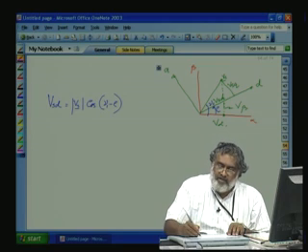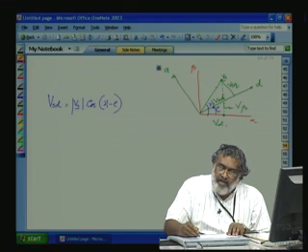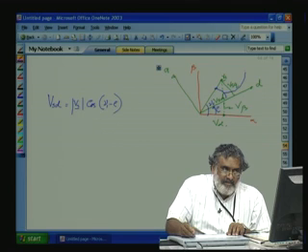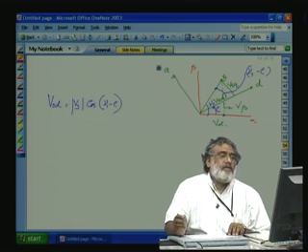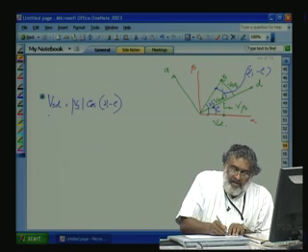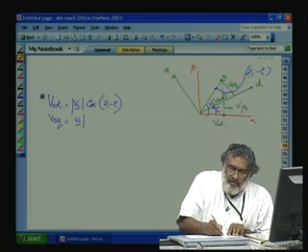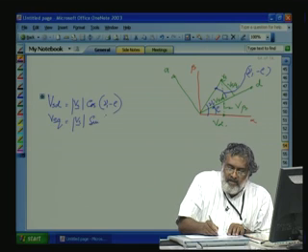What is gamma 1 minus rho? That is this angle. This angle is the gamma 1 minus rho angle. And VSQ is equal to Vs mod sin gamma 1 minus rho.